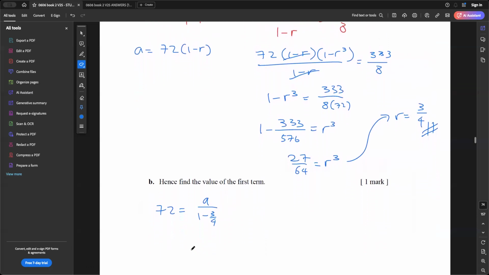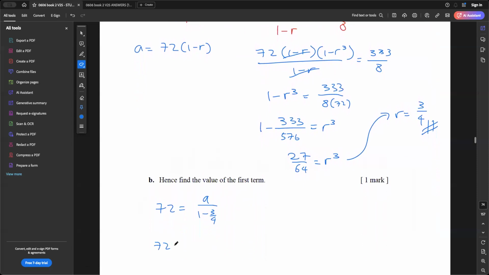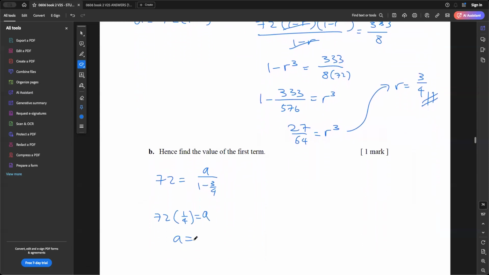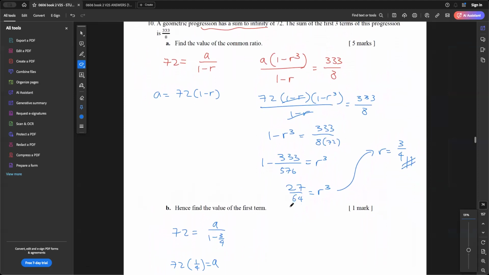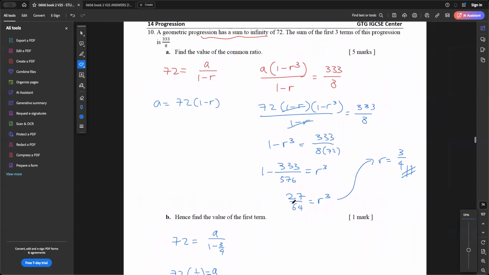This is 1 over 4. 72 times 1 over 4 is equals to A. A is equals to 18. This is 10. Okay, I guess we can move into vectors.